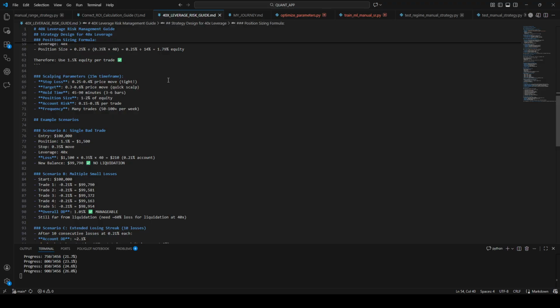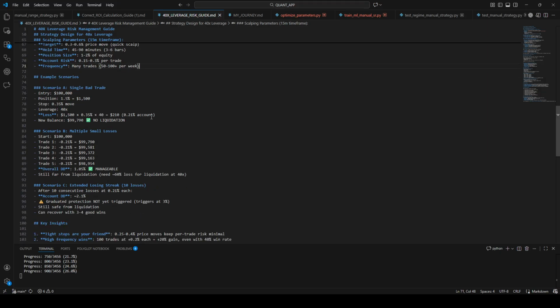Hold time 45 to 90, so 3 to 6 bars max. Position size 1 to 2 of the liquidity. So always start small, and even with scalping, guys, don't get too overconfident, because your account is at risk. So this is 0.15 or 0.3 per trade account risk. Frequency: many trades, 50 to hundreds a week and not a day.